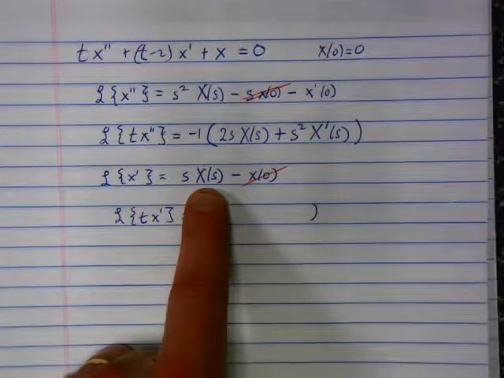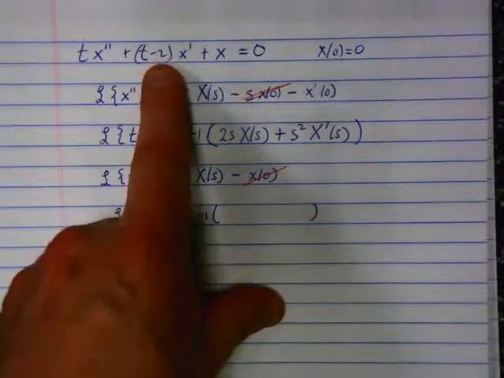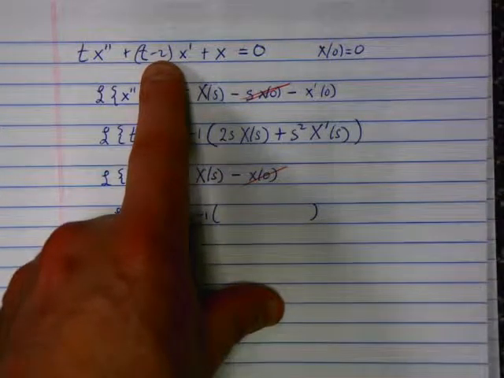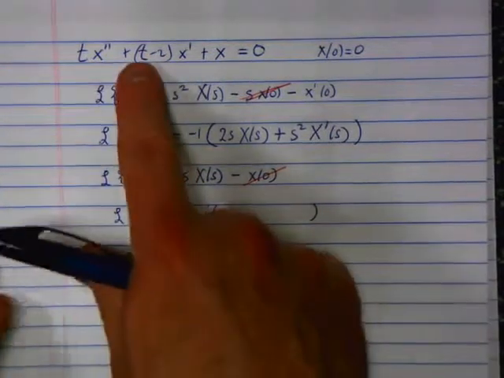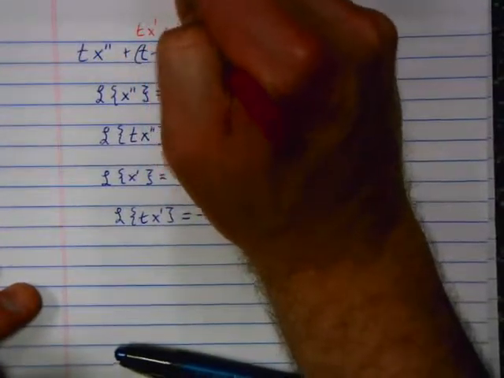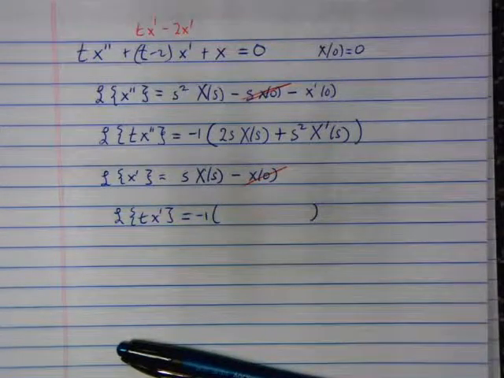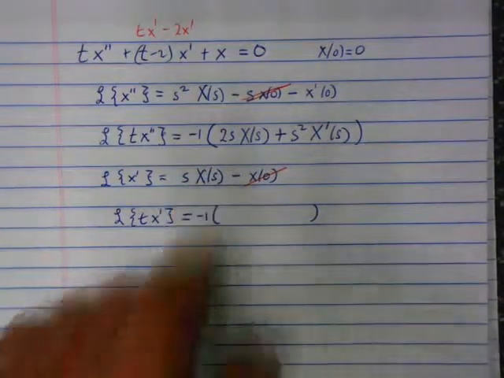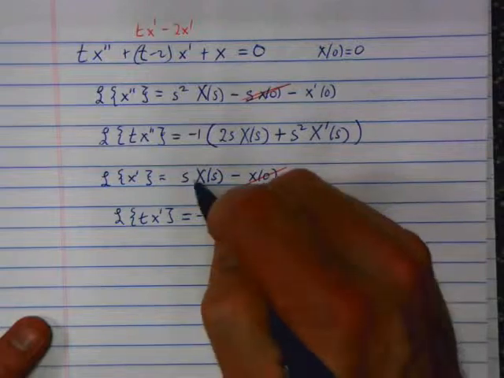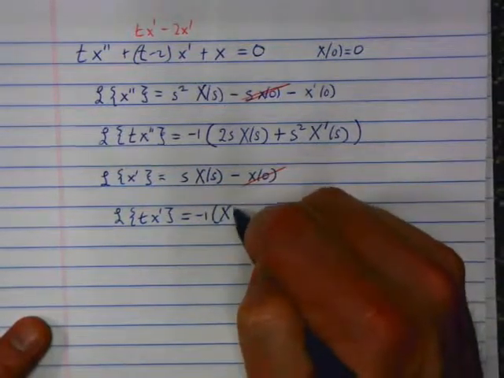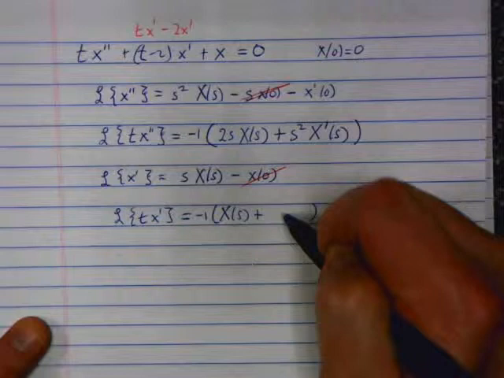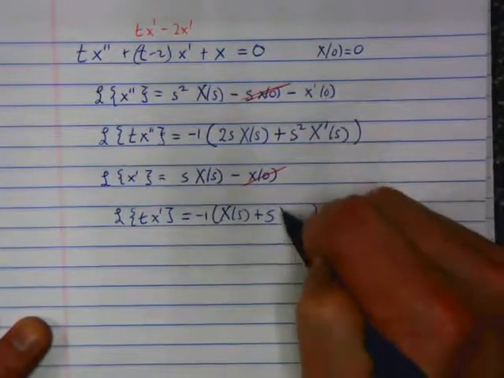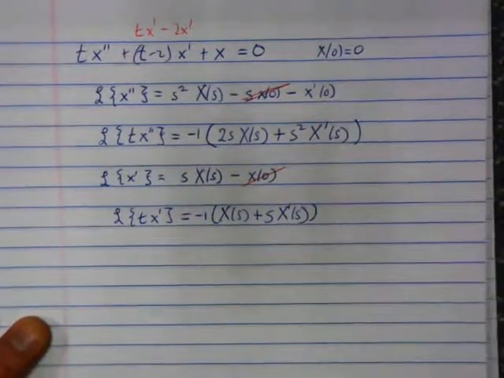You don't need the t minus 2. I'll need the minus 2 also. So what I'm thinking is I'm thinking of this as tx prime minus 2x prime. So I'll deal with the tx prime and I'll write that down, and then later on when I go to write the whole equation I'll put the 2x prime down. Okay, so I take the derivative. I take the derivative of the first one, that's 1. I leave the capital X alone. Plus I leave the little s alone, and I take the derivative of the capital X.